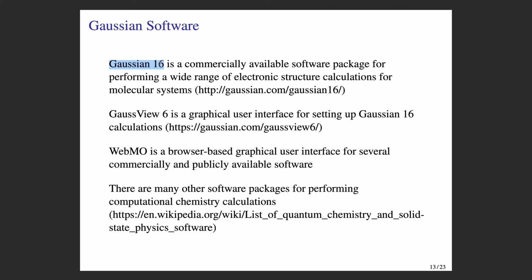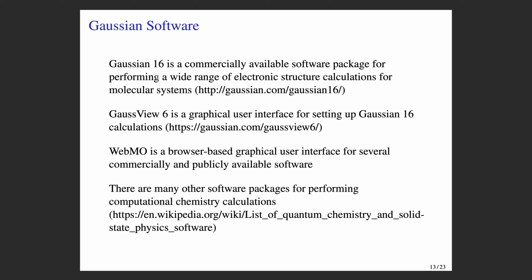There are versions of Gaussian, I believe, going back to the 1960s, if I'm not mistaken. So Gaussian has been around for a long time. Many people have worked on it over the years in academia, and now it's been a company for a while. It's a commercially available software package. They do have academic discounts, but it's also available to the private sector as well.